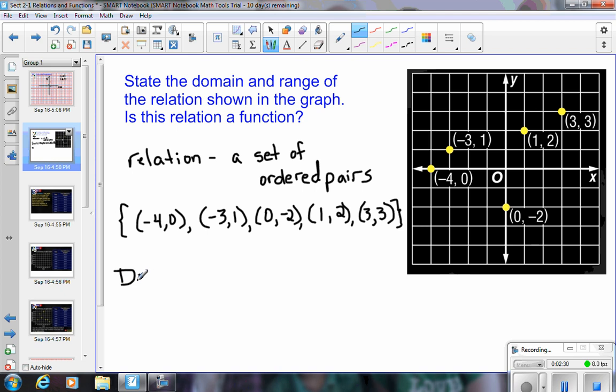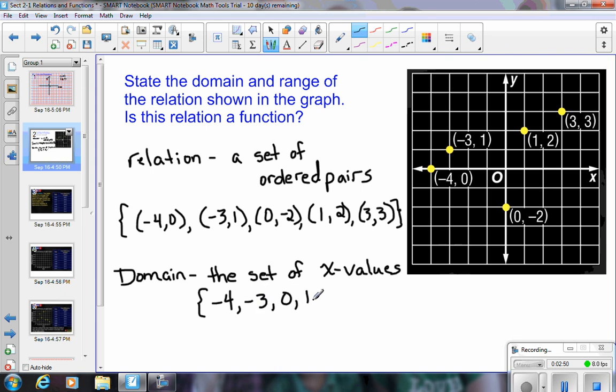The domain is the set of all the x values. So our domain is -4, -3, 0, 1, 3.